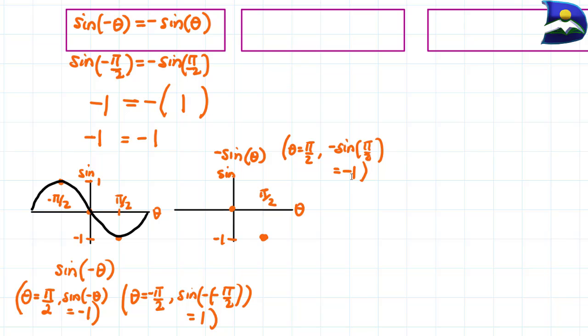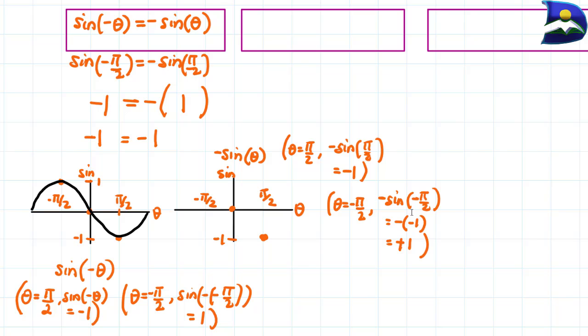And this is going to be checked for the other part, which is for negative pi over 2. It means that we have our theta to be equal to negative pi over 2, and this here for our negative sine of our negative pi over 2 implies that our sine of negative pi over 2 is equal to negative 1, and we are going to multiply negative 1 by the negative sign, and that is equal to positive 1.